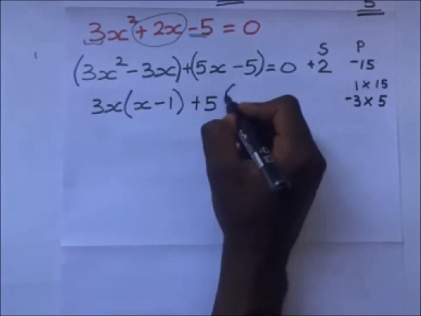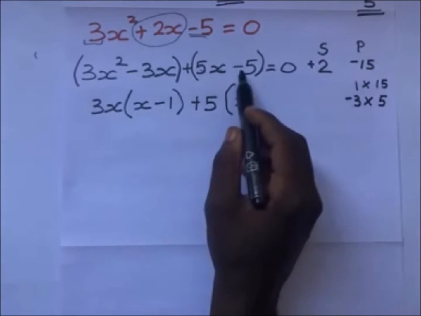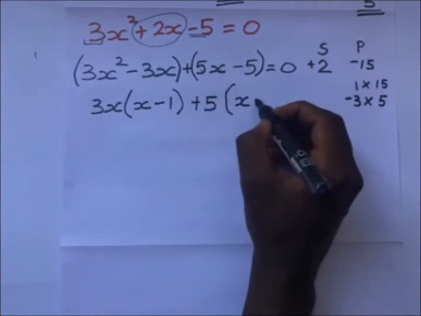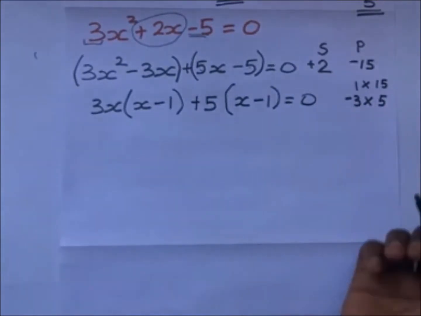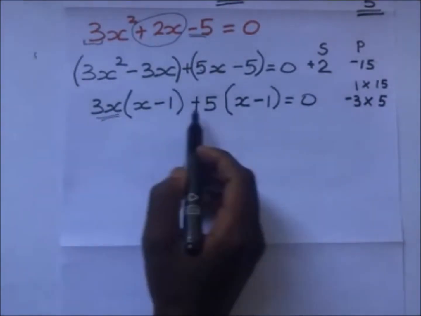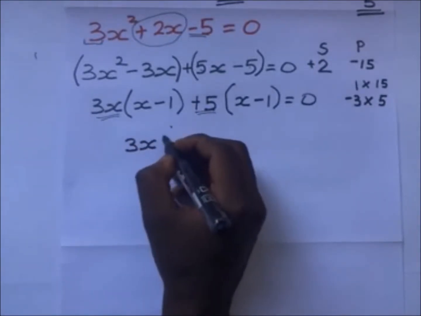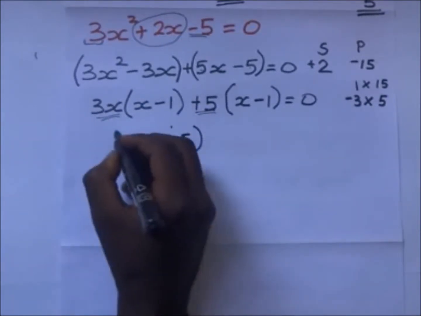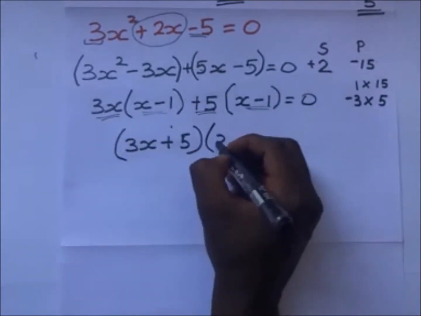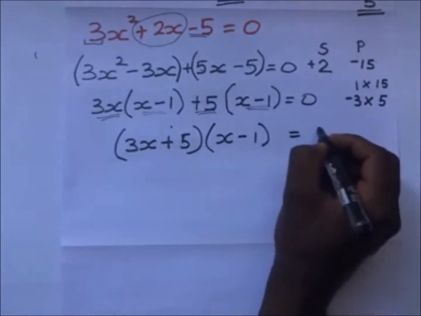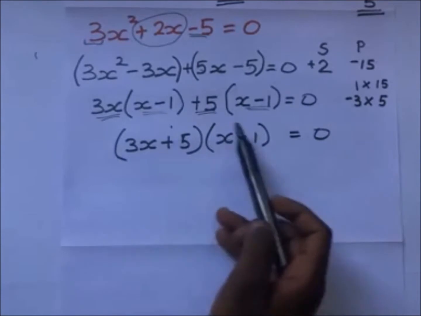We put 5 outside the brackets into 5x divided by 5, which gives us x, and negative 5 divided by 5, which gives us negative 1, is equal to 0. So we put the terms outside the brackets in their own bracket, 3x plus 5, and the terms in the brackets in their own bracket, x minus 1, is equal to 0. At that point, we have factorized it.